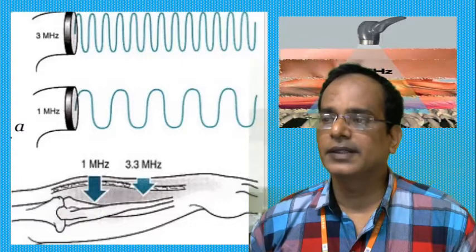Cavitation is the formation of tiny gas bubbles in tissues as a result of ultrasonic vibration. These bubbles are generally of 10 to the power minus 6 meter, a micron, in diameter. They can be of two types, namely stable cavitation or transient, which is called unstable cavitation. Stable cavitation occurs when the bubbles oscillate to and fro within the ultrasonic pressure waves but remain intact.